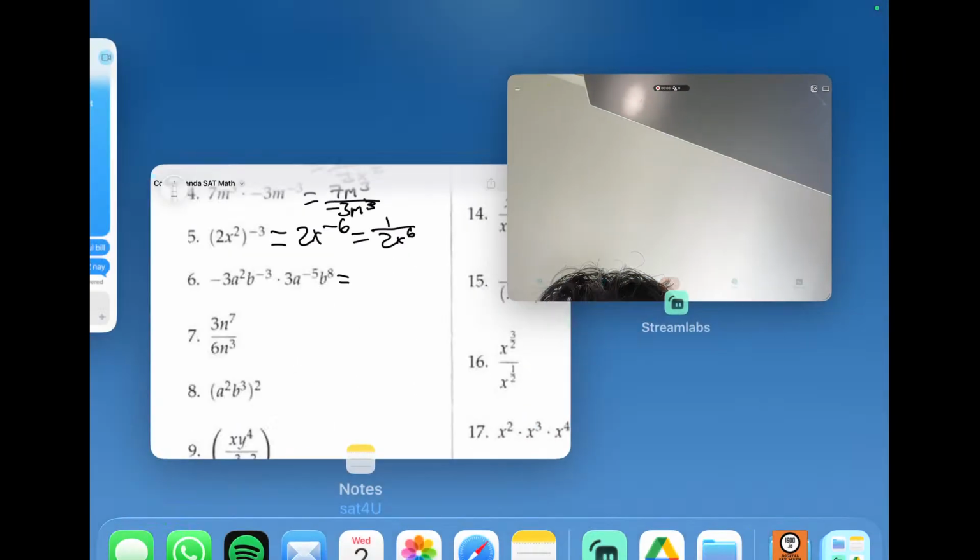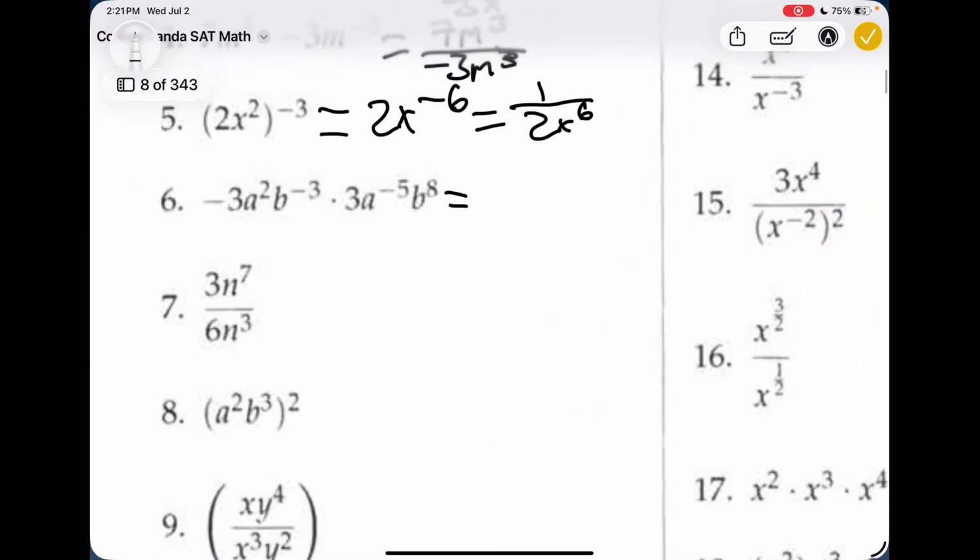My stream stopped again. I think Streamlabs, the app, keeps crashing or something. But yeah, it's kind of frustrating. I might just start doing screen recordings or something. I'm not sure. But wait, what's this?